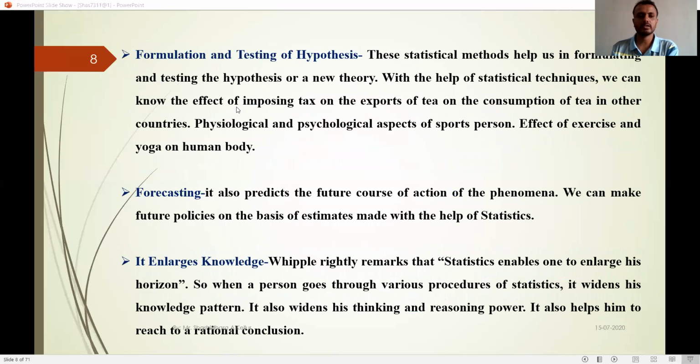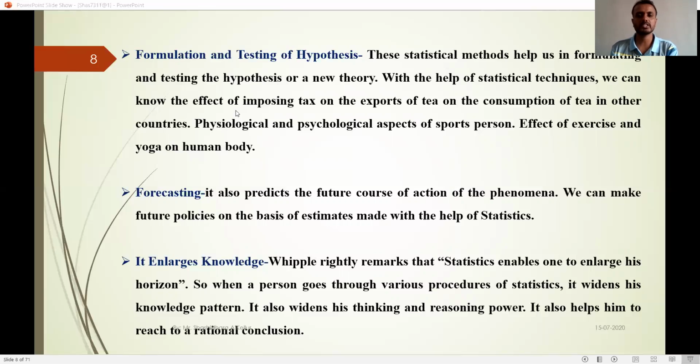Another function of statistics is formulation and testing of hypotheses. These essential methods help us in formulating and testing a hypothesis or a new theory.